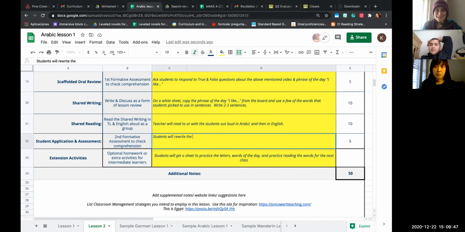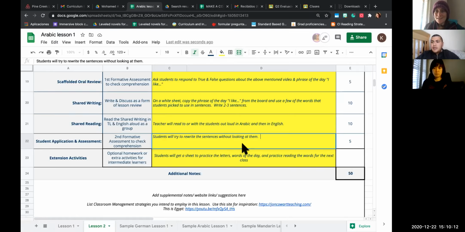Maybe every one of them wrote the whole sentence on their own. Kids are really good at art, so it's really easy for them to memorize things. Okay. So they'll try to rewrite the sentences without looking at them? Yep. I remember when I shared the video with you, when they rewrite the whole numbers, the whole letters. I think I shared it with you in Gmail.